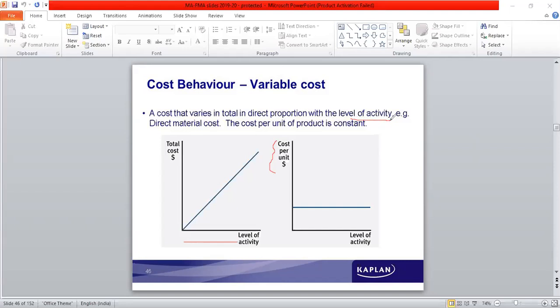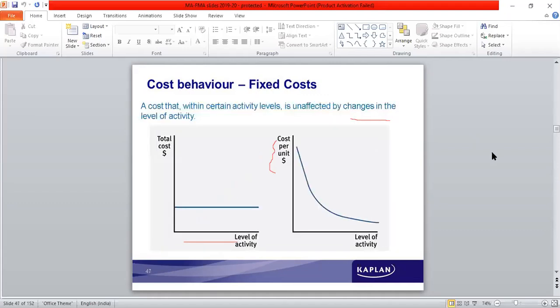The activity is indicated by the number of units which are produced. So that is the level of activity. As the level of activity keeps increasing, we see the total variable cost also increases, but variable cost per unit would remain the same. Then we see that the next type of cost is fixed cost, total fixed cost.